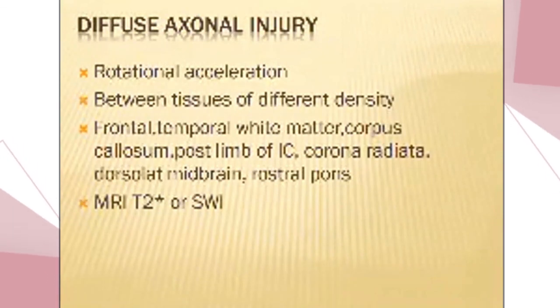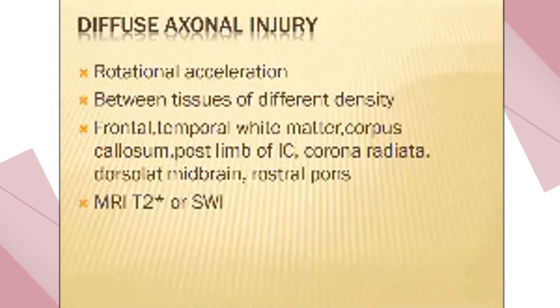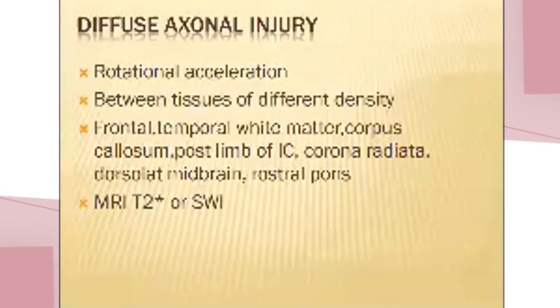The most usual areas for diffuse axonal injury microcontusions are the frontal temporal white matter, corpus callosum, posterior limb of internal capsule, corona radiata, dorsolateral midbrain, and rostral pons. On MRI, T2 star or susceptibility weighted image sequences are the most important to identify diffuse axonal injury. Thank you.